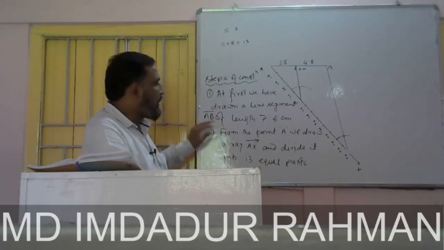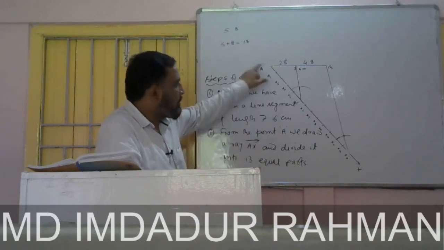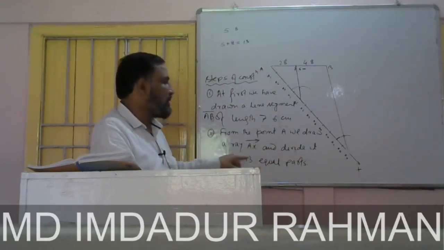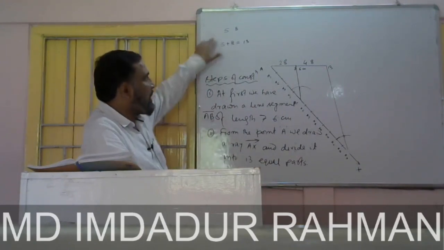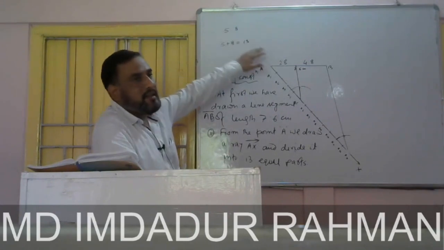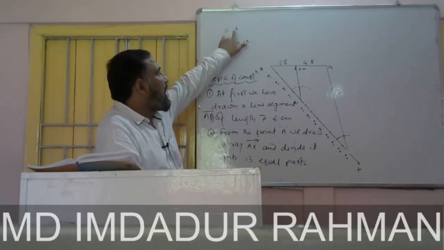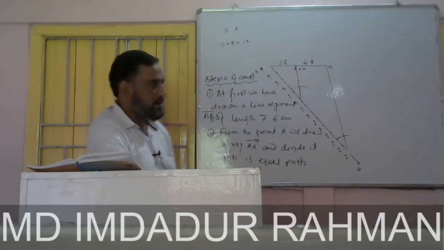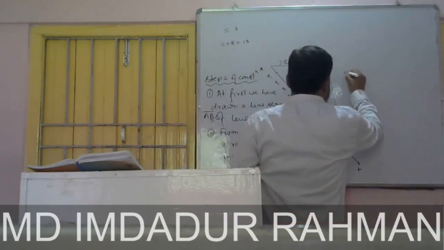Second step, from the point A, we draw a ray AX. We have drawn a ray AX and divide it into 13 equal parts. Why this 13 I have explained earlier. Again I am repeating this. We have to divide this line segment in the ratio 5:8. That is, this 5 plus 8 is 13. So we have divided it into 13 parts. Step 2 finish.